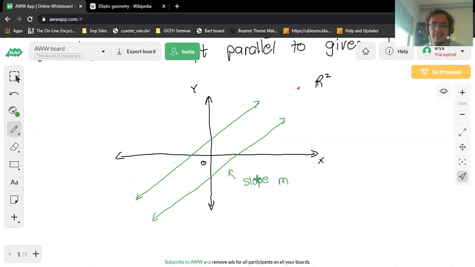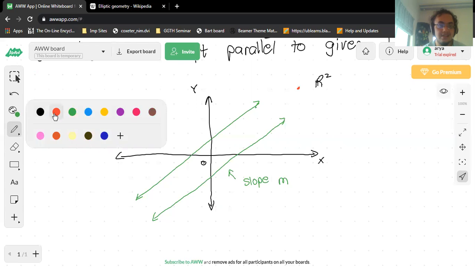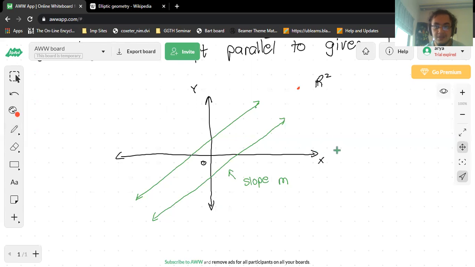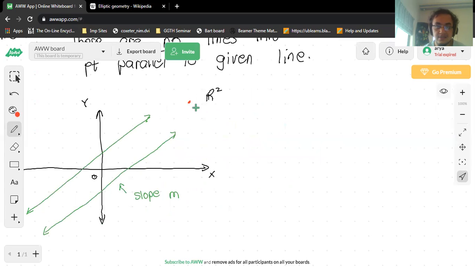So let m be the common slope of these parallel lines. And we define this one red point to be the point at infinity. This is something we artificially constructed. This is not a point in R2.